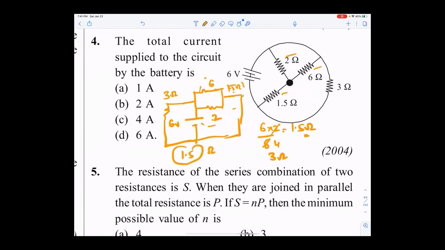So what is the current I through the battery? V by R. V is 6 by 1.5, so 4 amperes. Is that clear, everyone?